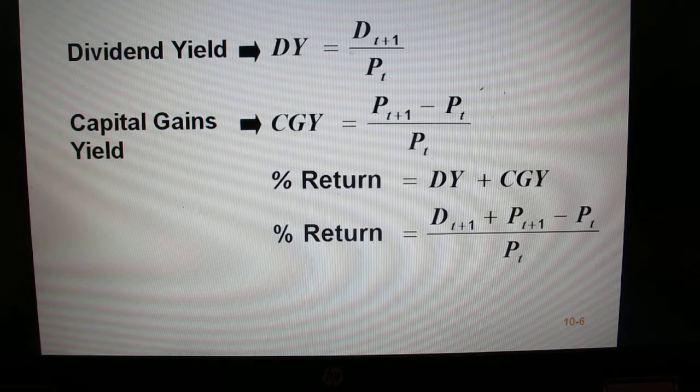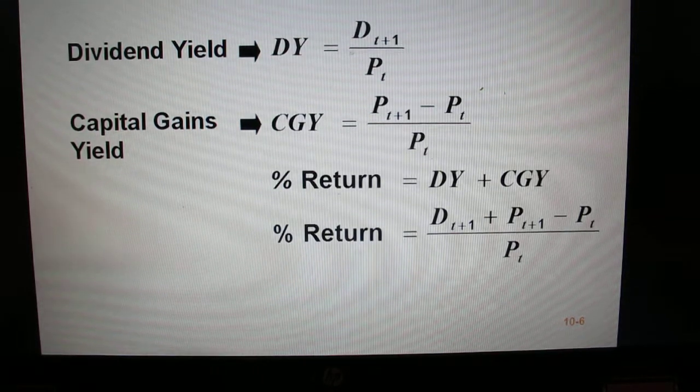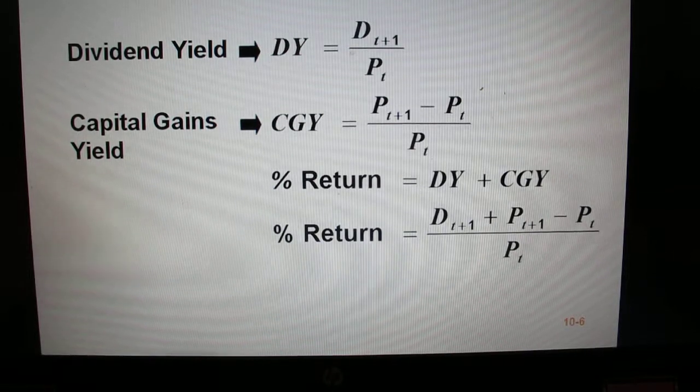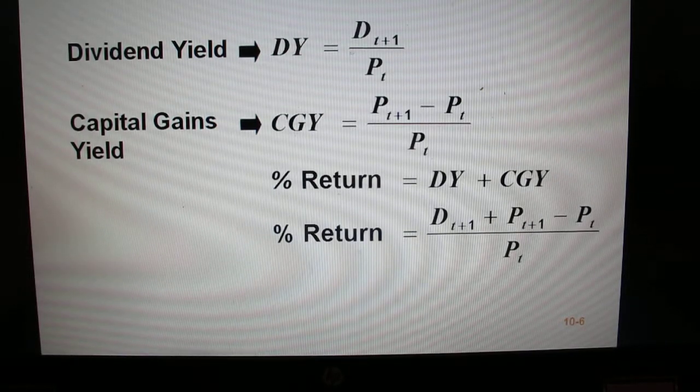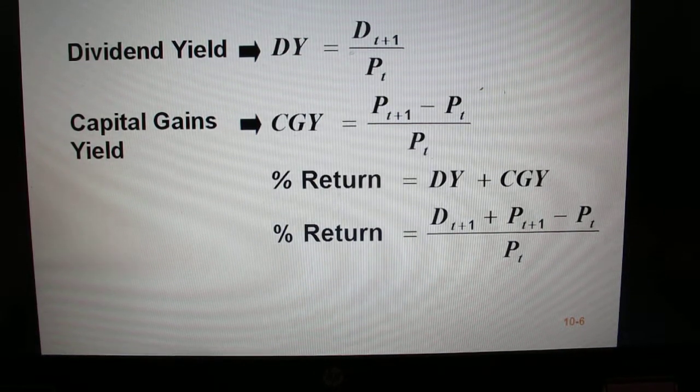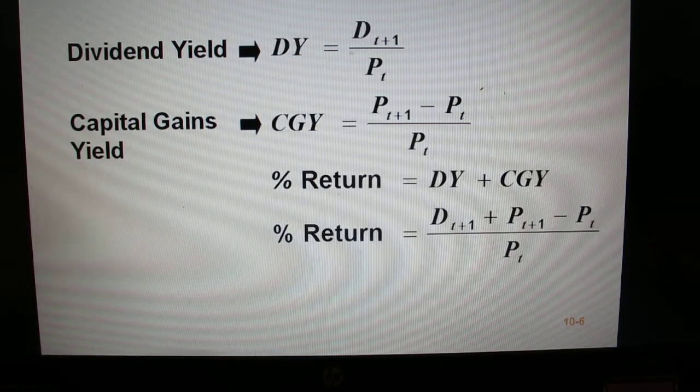And for every $1 invested for capital gains, in this example, perhaps you get 9 cents capital gains. So the percentage return could be the 5% dividend yield plus the capital gains yield of 9%, and you would get 14%, which would be your percent return, 14 cents on the dollar.